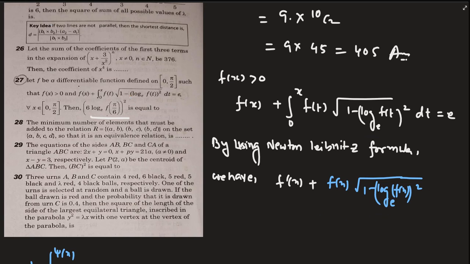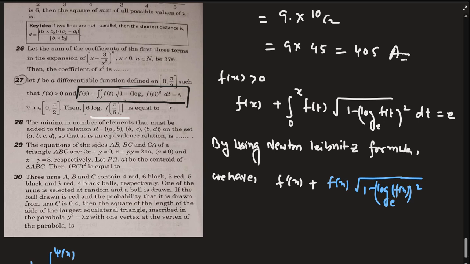If you put it here, you have the value of the function at the lower limit, then the derivative of the lower limit is 0. That's why the next part is 0.